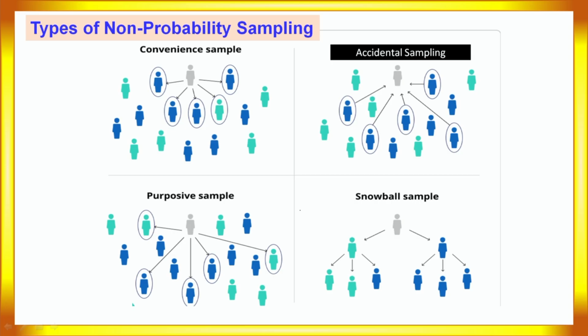Another type of non-probability sampling method is the snowball sampling method. It is also known as sociometric sampling. In this case, a particular respondent informally indicates who will be the next respondent. Take the example of a study being conducted on farmer entrepreneurs.